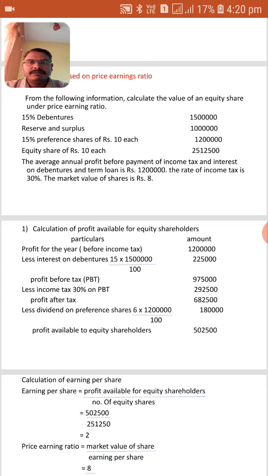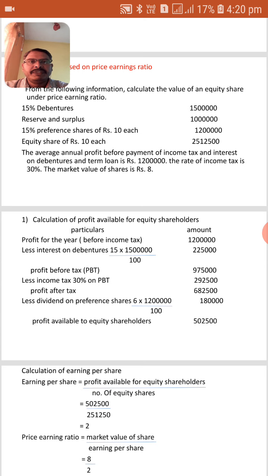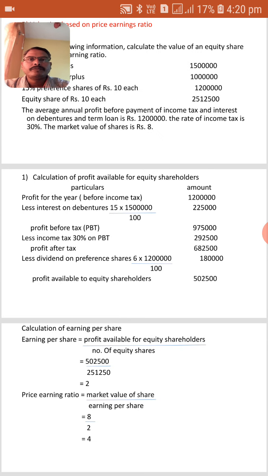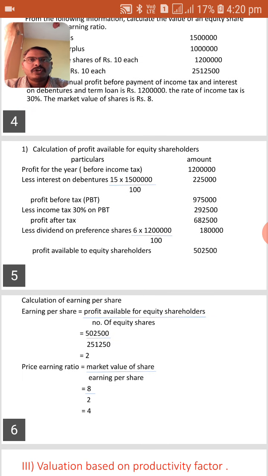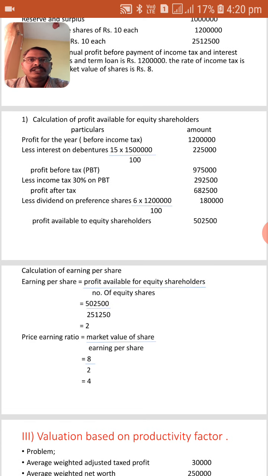The average annual profit before payment of income tax and interest on debentures and term loan is rupees 12 lakh. The rate of income tax is 30%. The market value of share is 8%. This is the problem. We are going to solve the problem step by step.